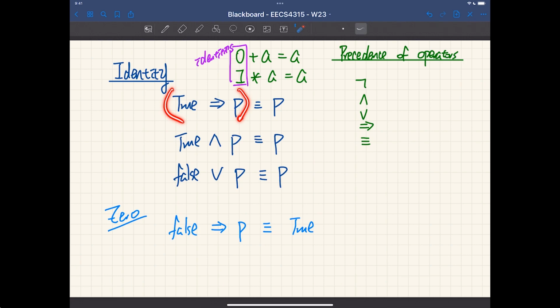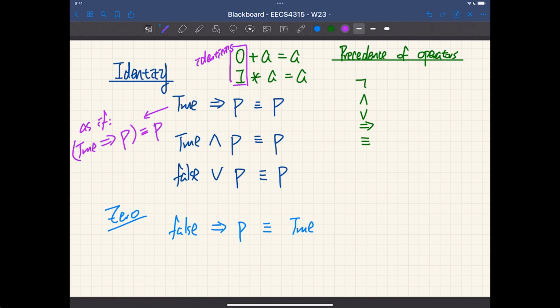Yep, you're right. So if you put the parenthesis over here, then you will still get the result true, of course. And guys, just to remind you later, this will be as if I have true implies P is equivalent to P.